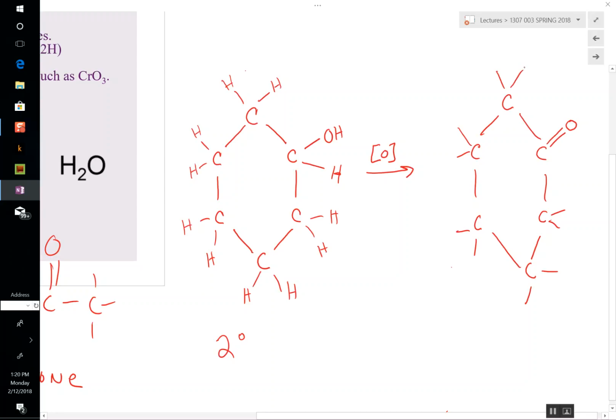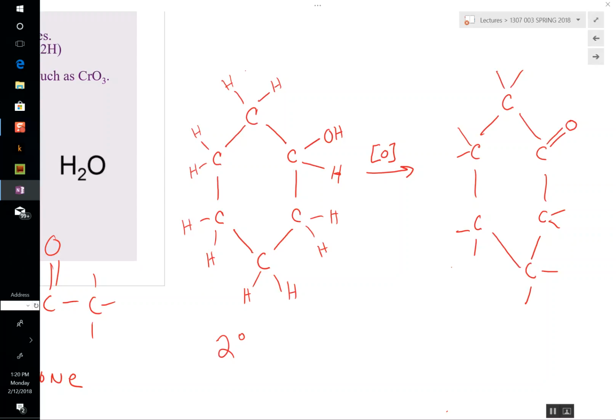You got 1, 2, 3, 4 bonds there. We won't worry about the name. We'll get to it in chapter 13. But that is a ketone. We got a carbon-oxygen double bond in the middle somewhere. It's got carbons on either side of it.